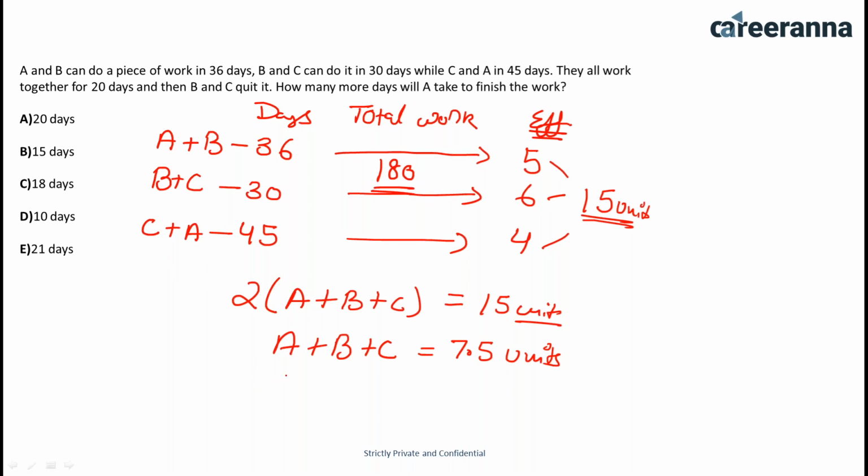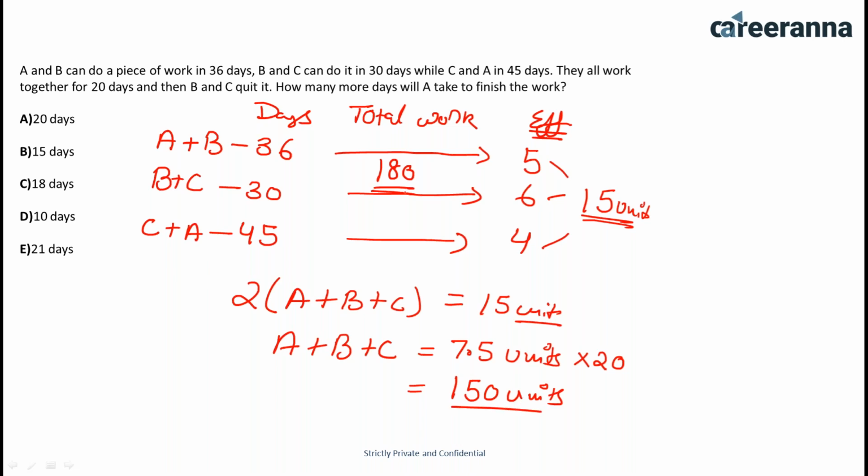If only the three are working, they are going to complete 7.5 units of work in one day, and they are working for 20 days. So 7.5 into 20, that is going to be 150 units of work covered by all three, A, B and C.